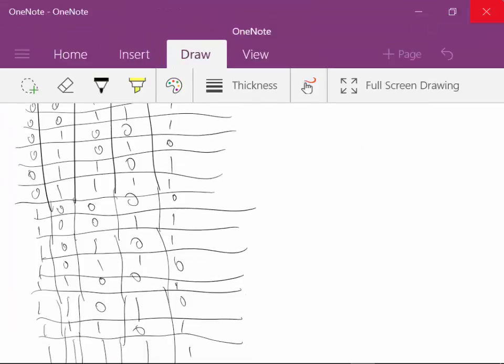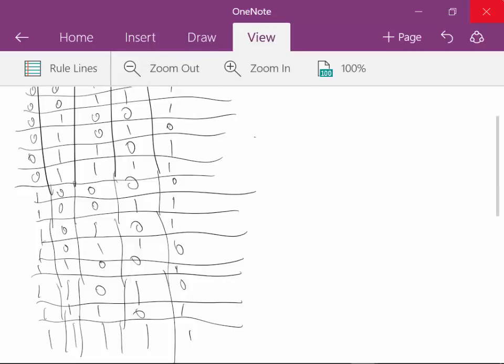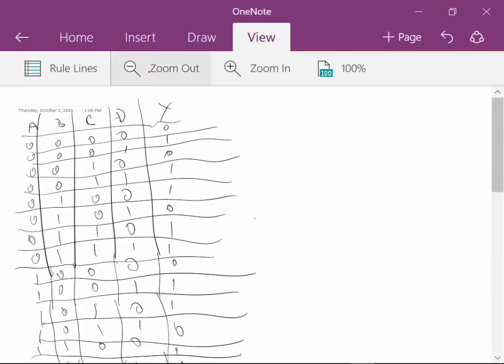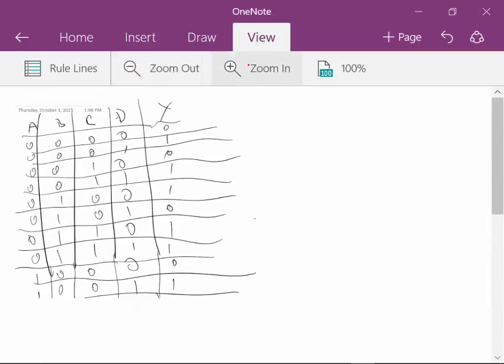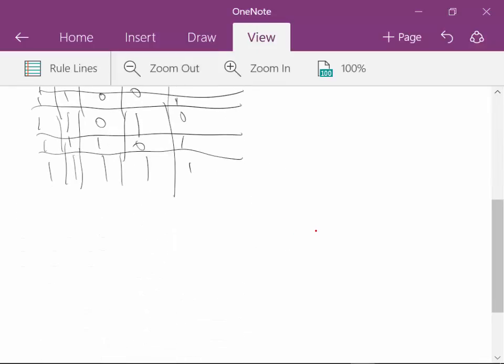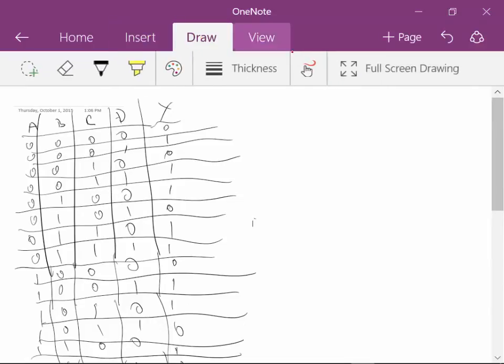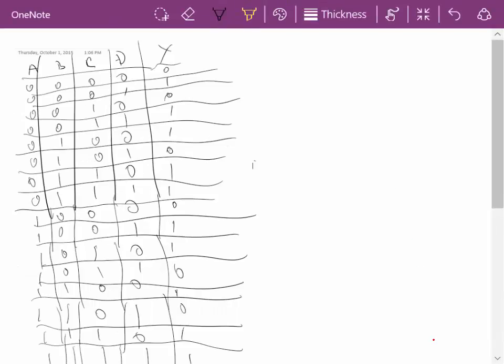Why is this not working? It doesn't want to let me zoom out, so we'll just have to live with what we've got here.